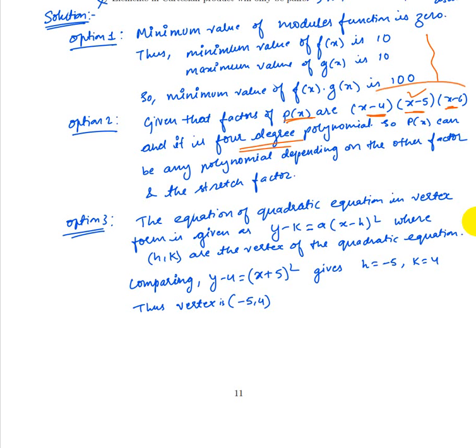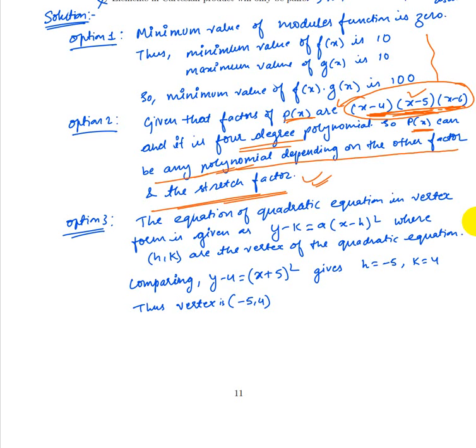But from this, it will result in a 3-degree polynomial. Okay, so p(x) can be any polynomial depending on the other factor and the stretch factor. So there must be one more factor containing x, and there can be some stretch factors.